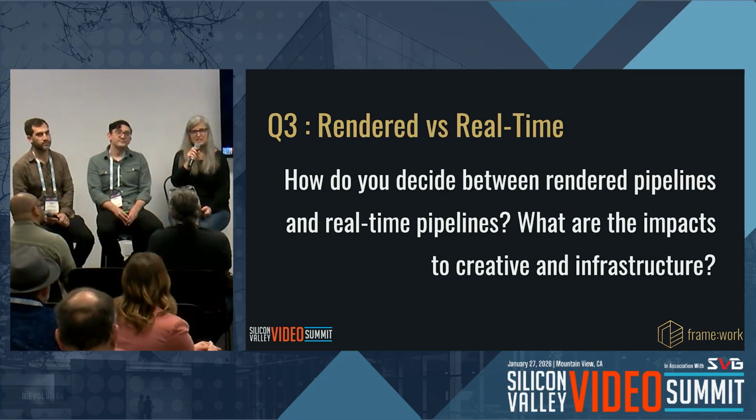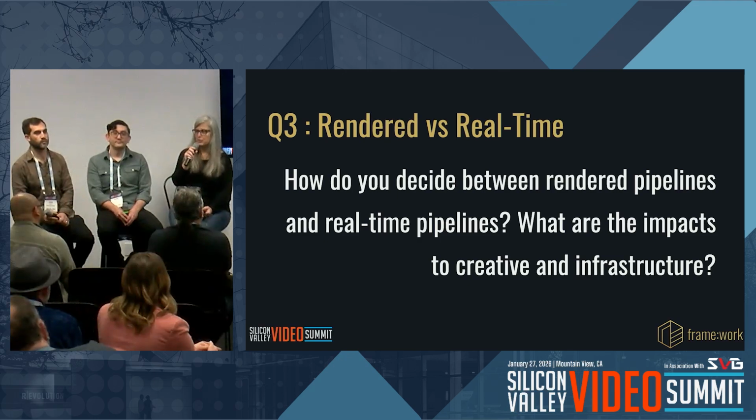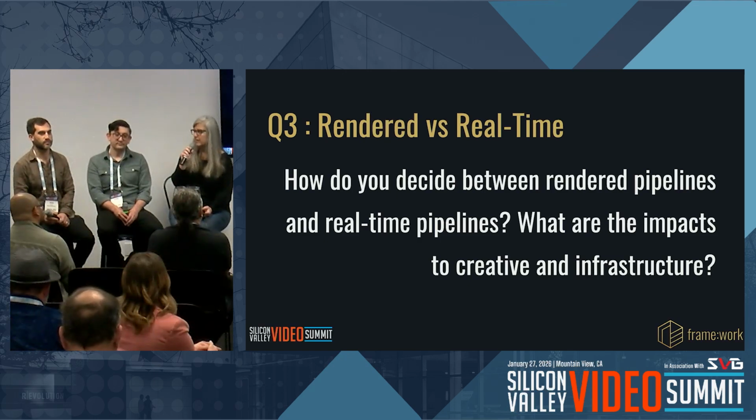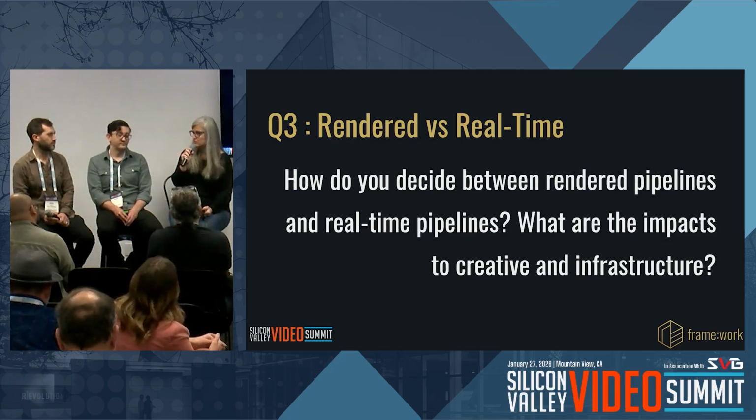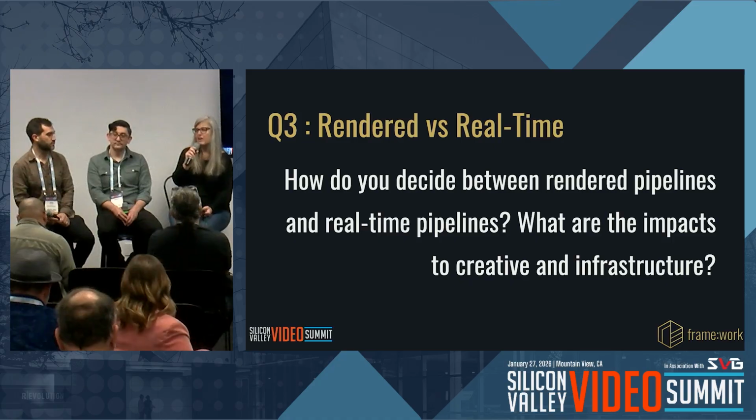We can go to the next slide. When you are onboarding a new client or a new project and you're having these discussions about rendered versus real time, maybe they're not asking for real time, but you need to advocate for those tools because of how they're staging the show or the impacts of the live environment.